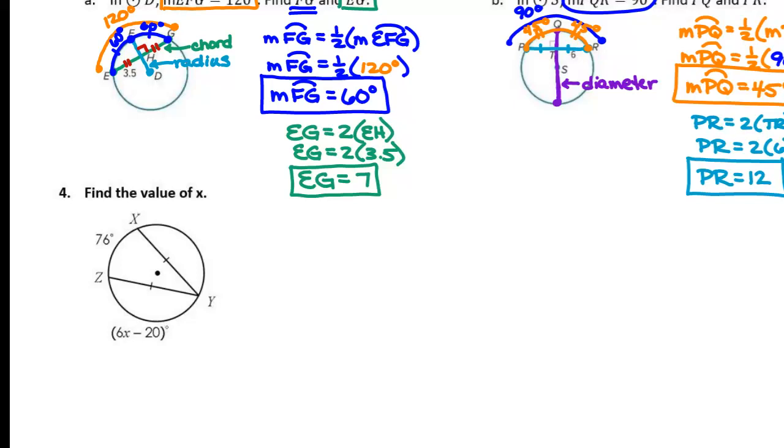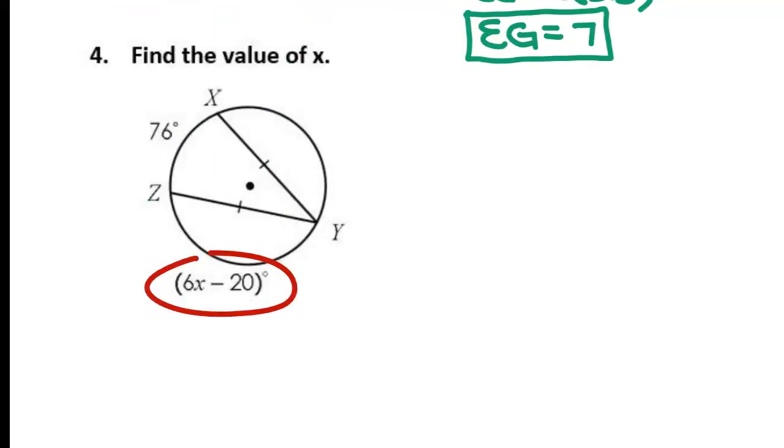Down at the bottom, we'll finish this page out. Number 4 says we are to find the value of x. And the only thing they've given me to work with, other than these expressions right here, is that segment ZY, which is a chord, is congruent to segment XY, which is also a chord.